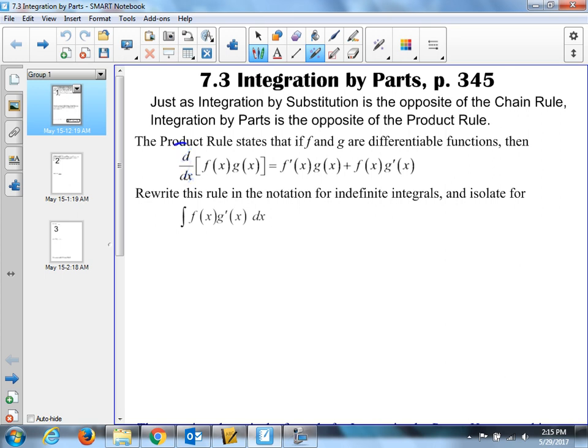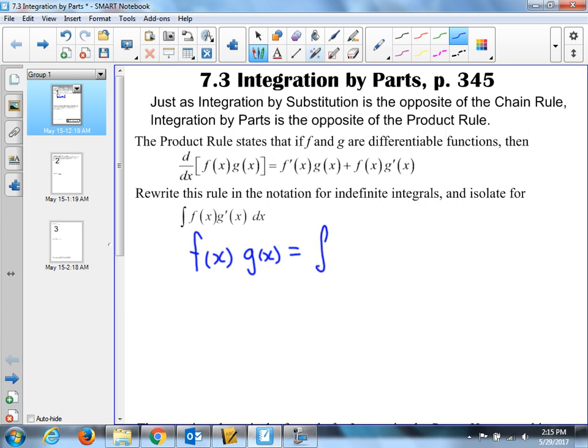So if we integrate this whole expression, f of x, g of x is equal to the integral of f prime of x, g of x, dx, plus the integral of f of x, g prime of x, dx.